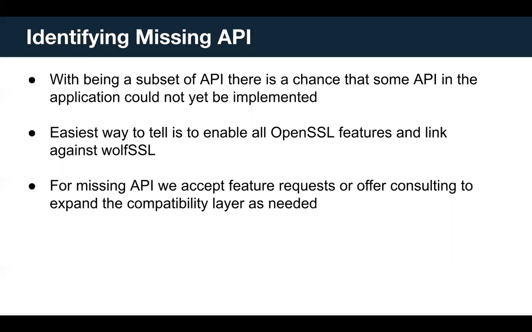This will list out compile time errors for all unimplemented functions. If it is found that any API are missing, we do accept feature requests, or we accept code contributions. In addition to that, we offer consulting for expanding the compatibility layer as needed for the project, if it is required.